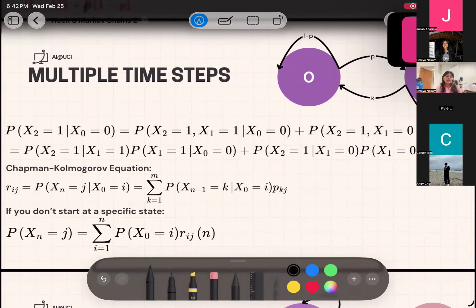So if I want to take an n-step path to t equals n, I have to take an n minus 1 step path to the time n minus 1 at some random state m. And then I have to take an n minus 2 step path to the time n minus 2 at some state k to get to state m. This is where the recursive idea comes from, and that's where this equation comes from. And even though it looks kind of scary, in practice it is not.